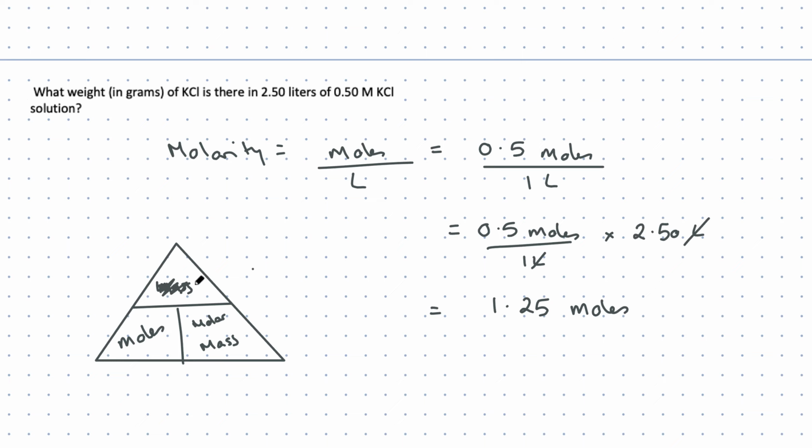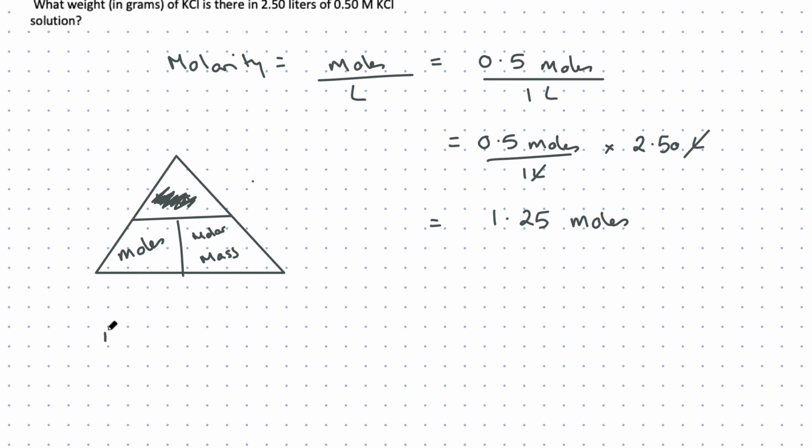So if I cover up mass here, it's telling me it's moles, and this is multiplied by molar mass. So I'm going to first have to find molar mass. So hopefully you're spotting that what's really important is that molar mass is something you're always going to have to calculate, and you have to get really, really good at that.